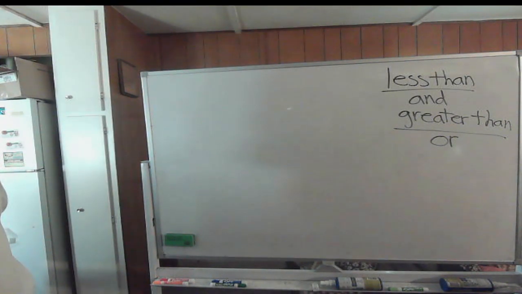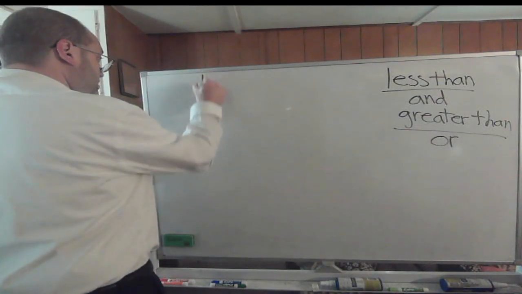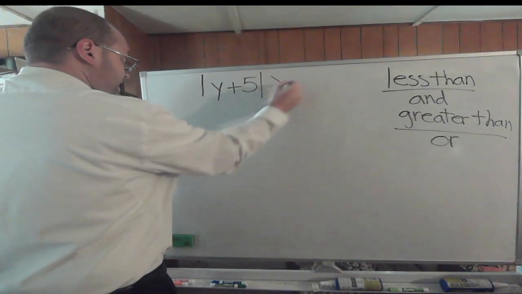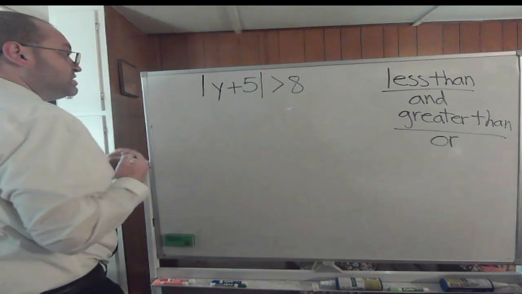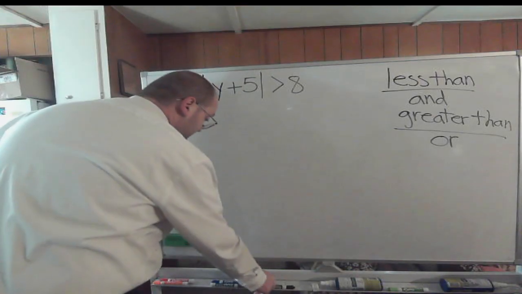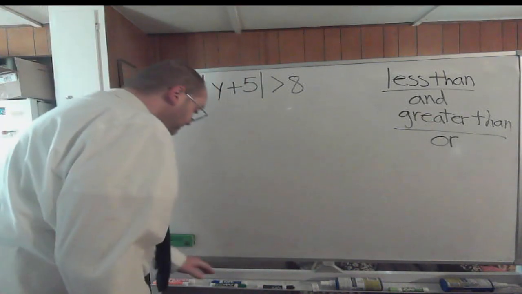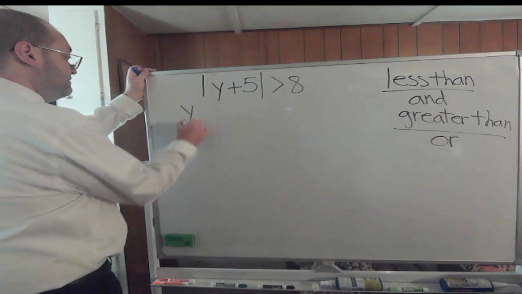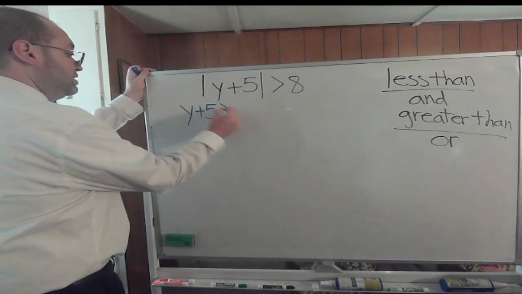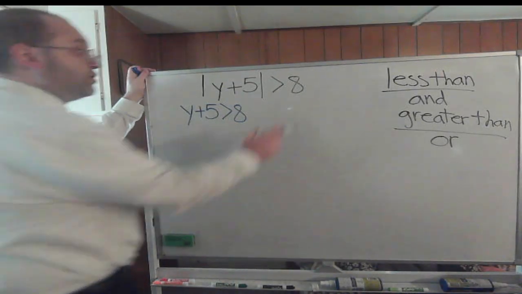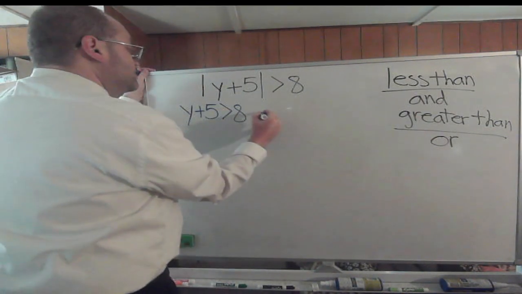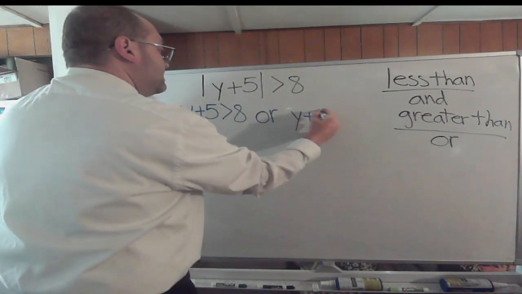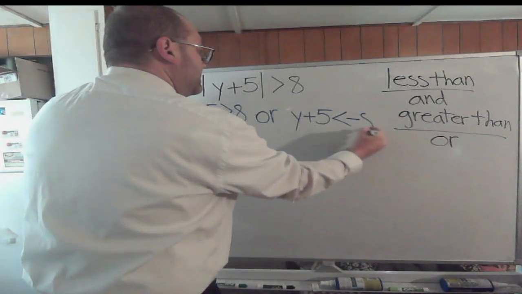All right, what do we got here? Oh, good. Here we go. We have the absolute value of y plus 5 is greater than 8. Well, you're going to take, of course, your y plus 5, keep the original inequality of greater than 8, but remember, greater, so you would use or, then you'll use y plus 5 is less than negative 8.